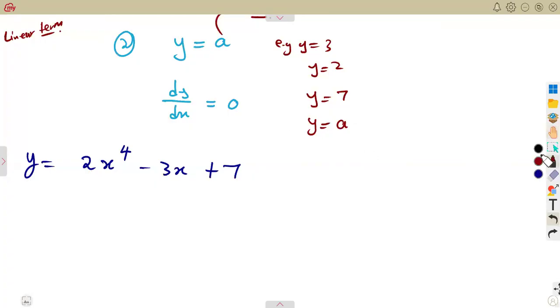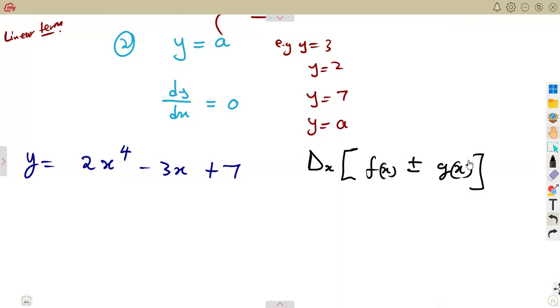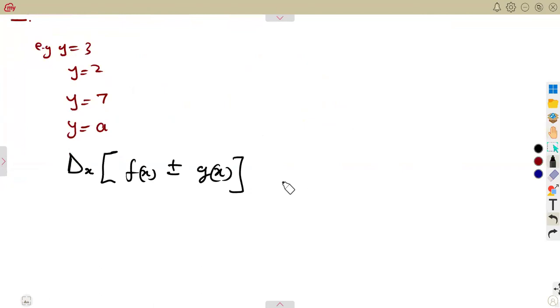So given a condition that we are finding the derivative with respect to x of f of x plus or minus g of x. These are two functions that we are given there. It simply means we are going to find the derivative with respect to x of f of x on its own.